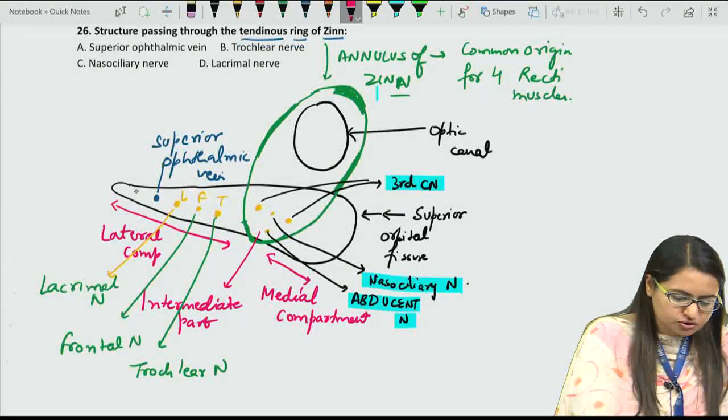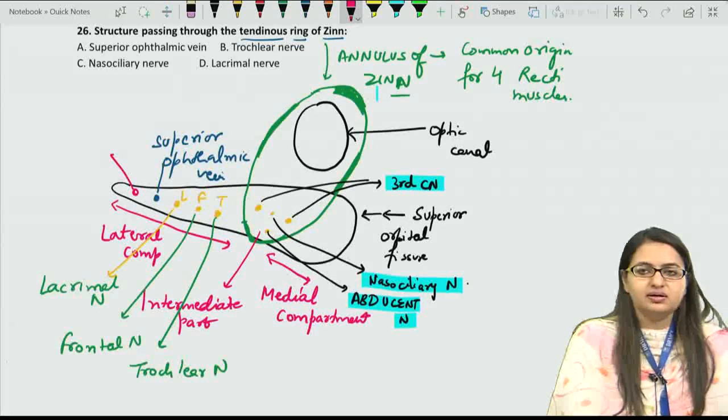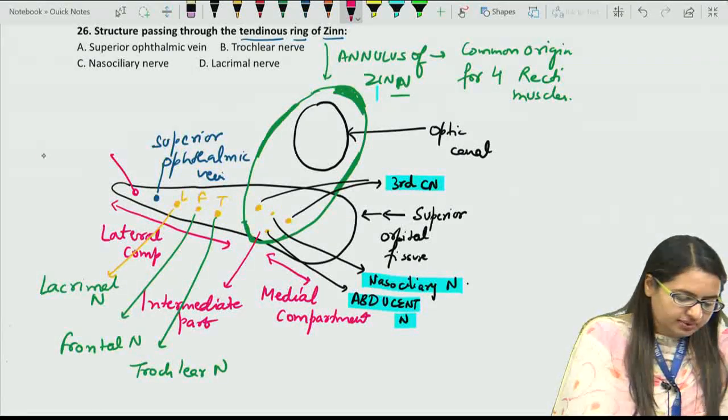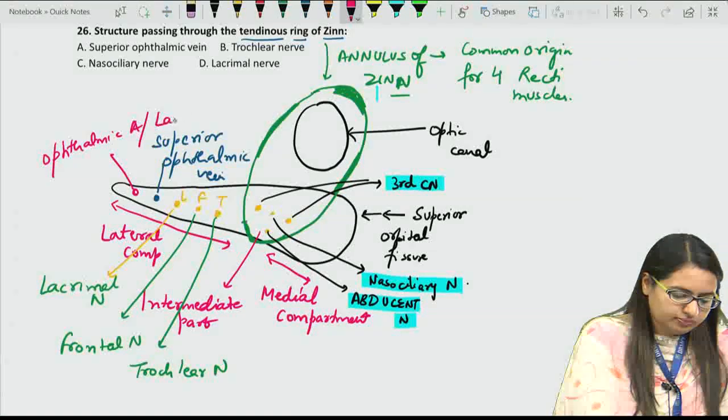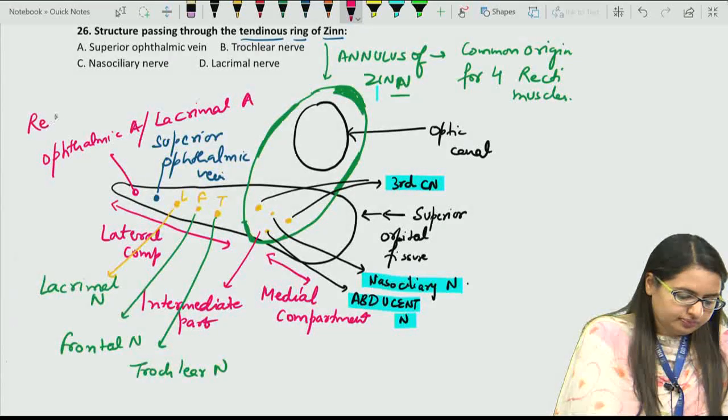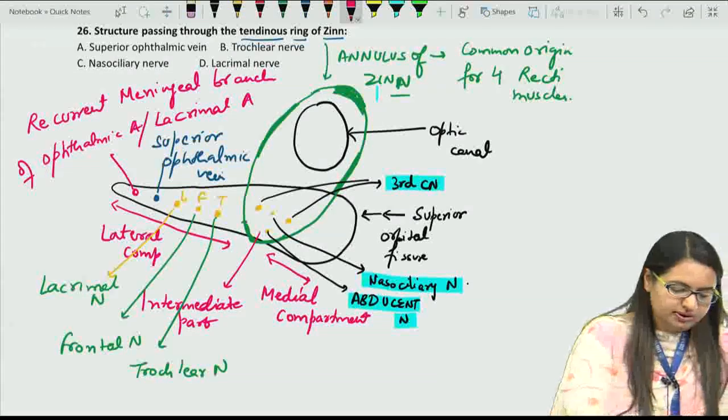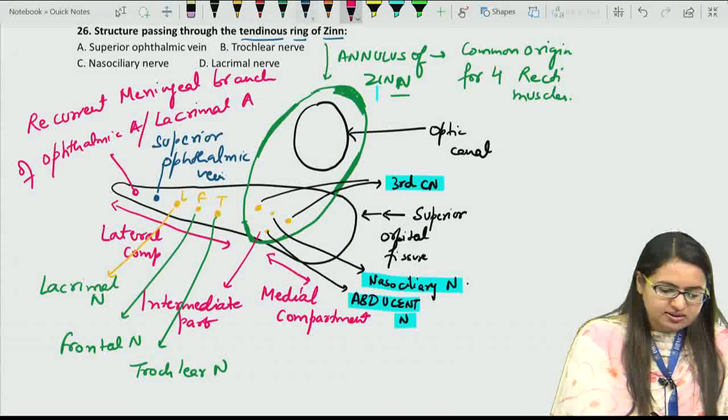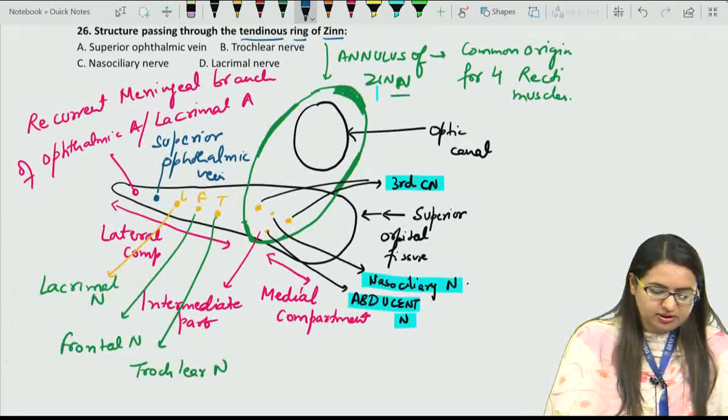And an artery is present over here. The artery is the recurrent meningeal branch of the ophthalmic artery, or the lacrimal artery. These are the structures which are passing through the lateral compartment.